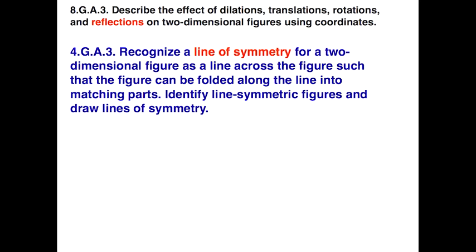Let's see what other standards are connected to the idea of reflections. Back in 4th grade, we had standard 4.G.A.3, which talked about a line of symmetry, an integral part of the idea of a reflection. Now, this 8th grade standard talks about these different transformations, but with respect to coordinates.